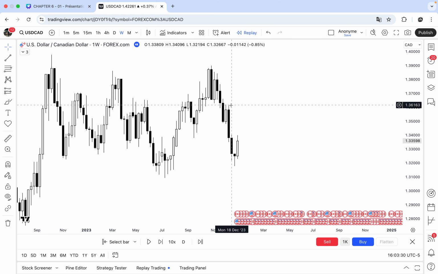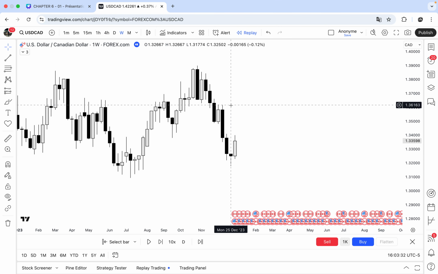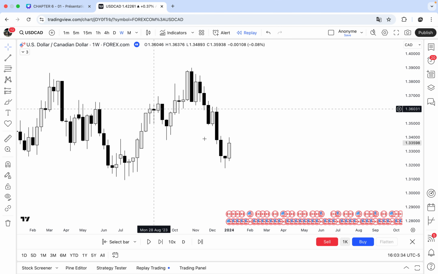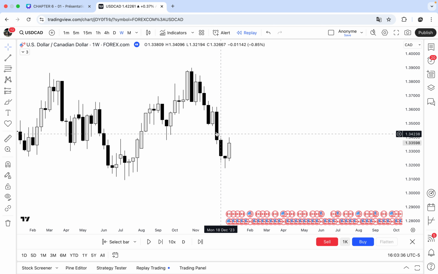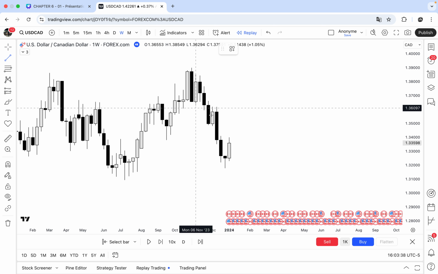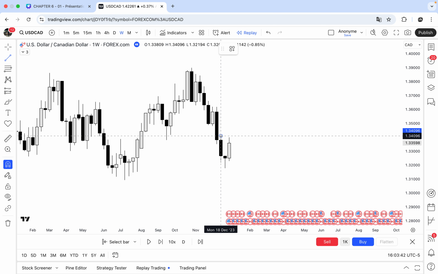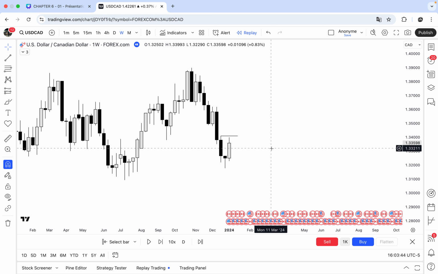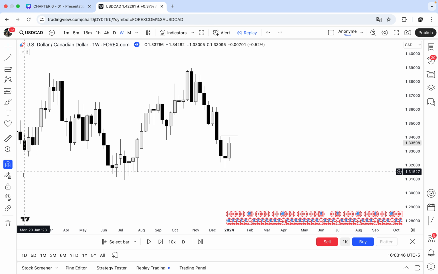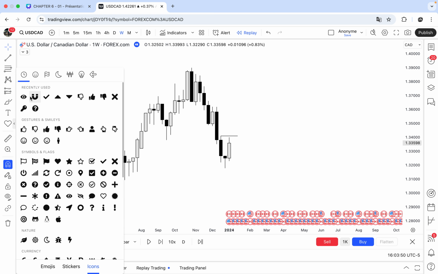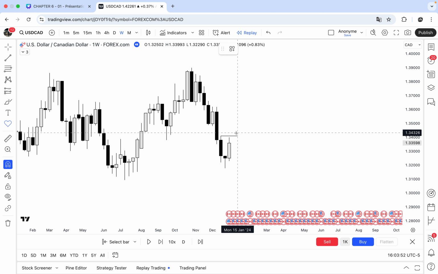So now, first things first, what I see right now. This is a key level right there, a fair value gap, right? So here, this is a drawn liquidity right there.